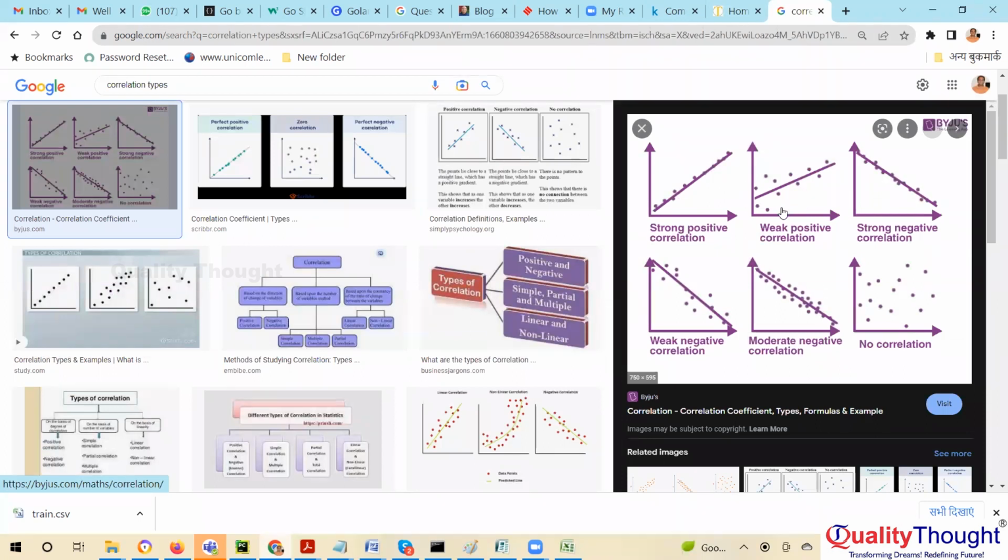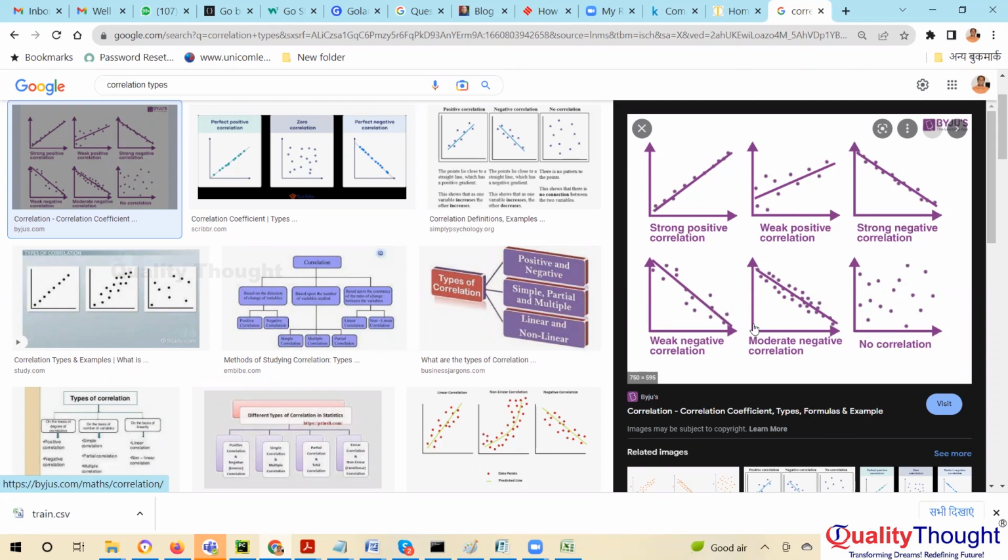In the second graph, x increases, y also increases. This is also positive correlation. Here you see as x increases, y decreases, so we call it negative correlation. Here also, as you go from left to right, the y value decreases. So this is also negative correlation.